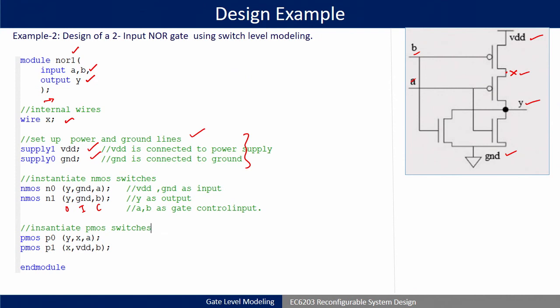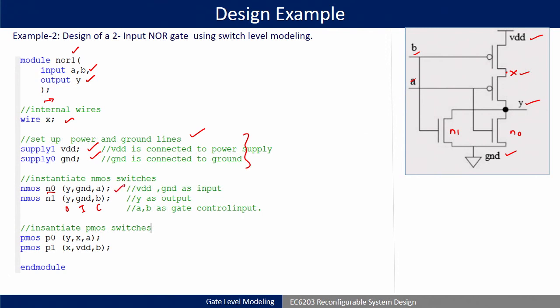So, while instantiating NMOS, let us say this is A. Let us say this is N0 and this is my N1 instance name. So NMOS I am calling with N0 as the instance name. Out is Y, in is ground, and the control signal here is A. Okay, so this is over.